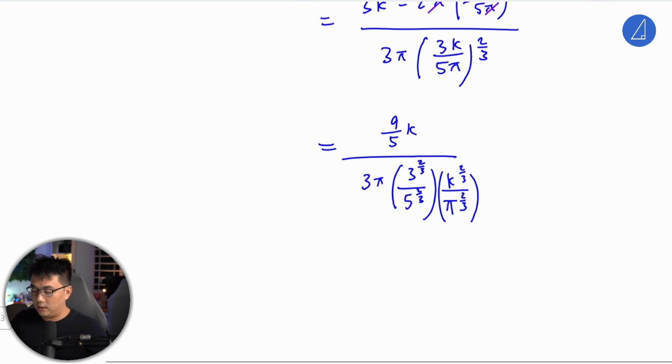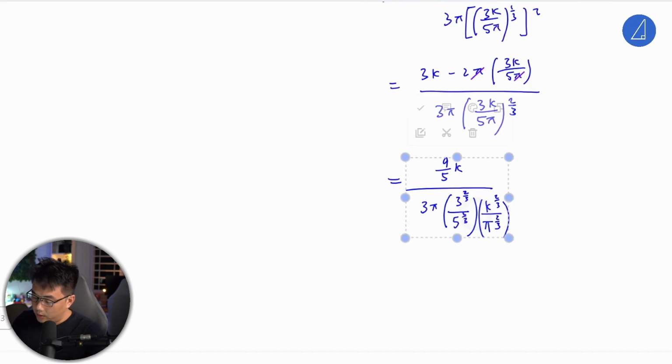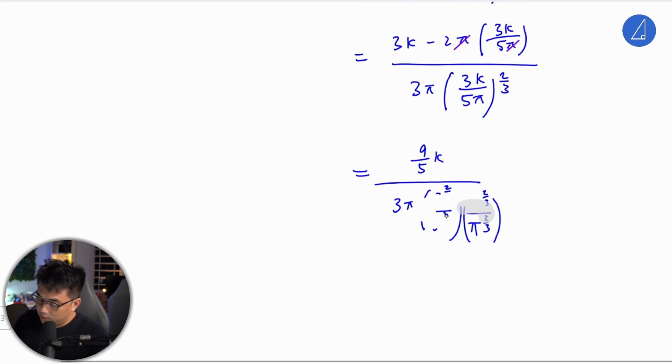Then the rest we just need to simplify it, right? But the good thing is, I could see that this part here, this 3k over 5 pi to the 2/3, is also 3k over 5 pi. So essentially, if I were to just rearrange this, it would be 3 over 5 times k over pi.